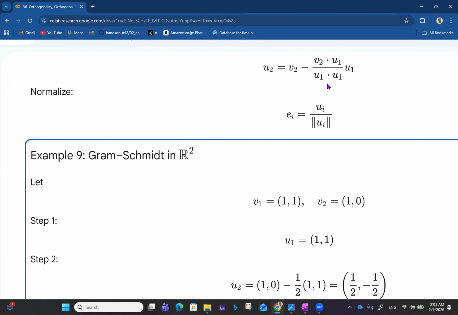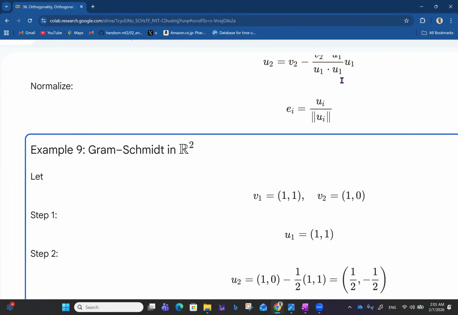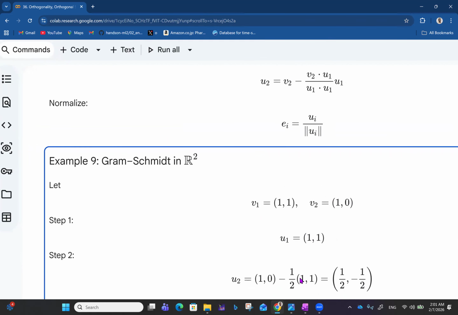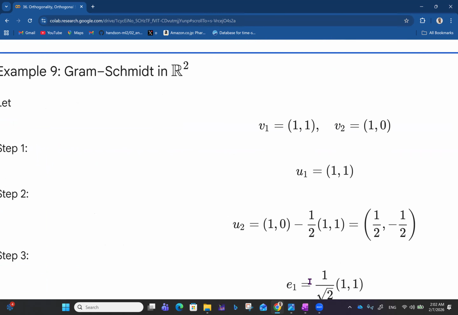Then, of course, u1 dot u1, that'll be u1 times itself. That's 1 times 1 plus 1 times 1, which is 2. That's why you have 1 over 2. So the one up here is v2 dot u1, and this 2 down here is u1 dot u1, and then that is multiplied into the original u1.